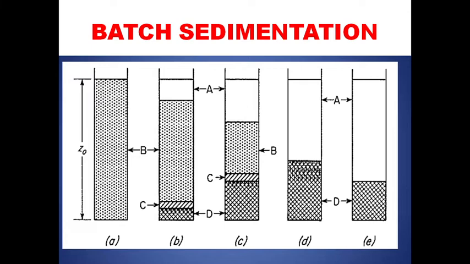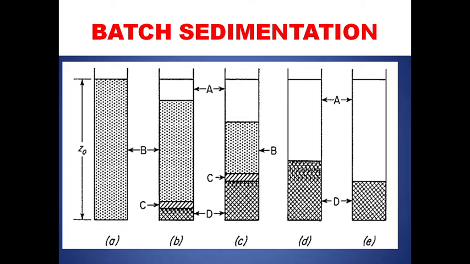Usually, the concentration of solids is high enough that sedimentation of individual particles is hindered by other solids, to such an extent that all solids at a given level settle at a common velocity.